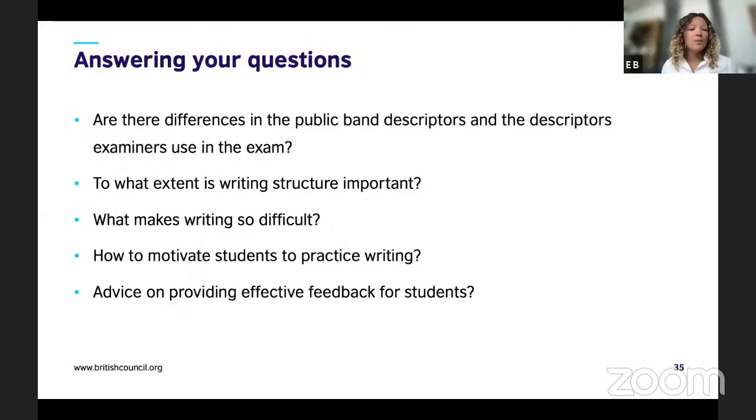The next one, what makes writing so difficult? Writing is difficult even in your own language, in your first language. I mean, if you think about writing, it's a profession, being a journalist, an author. So it is a skill that you need to hone. And one thing that makes writing quite different is how similar writing styles are in your L1 versus L2.